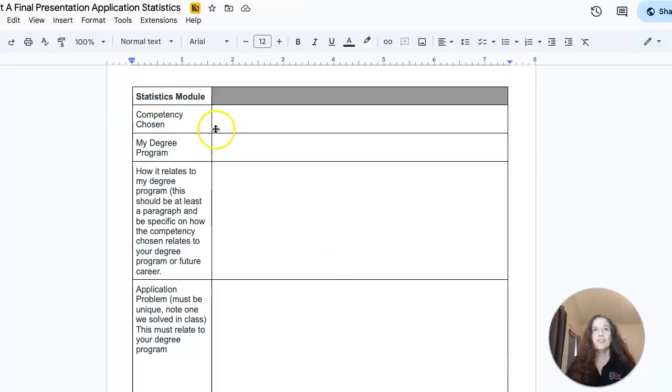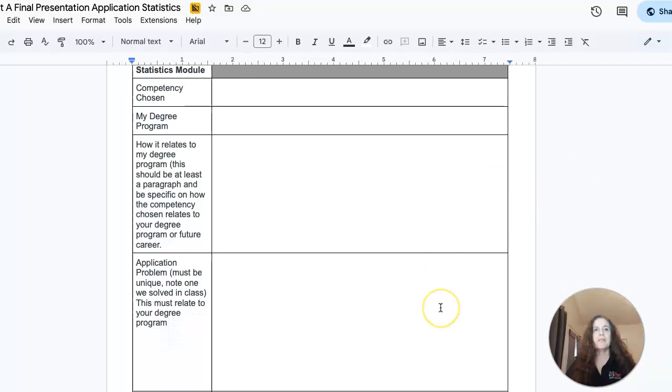So you have to choose the competency, that's from the table above. You're going to write in your degree program, being very specific. And then you're going to write at least a paragraph here on how the competency relates to your degree program or your future career. If you're undecided, that's okay. Pick something you're interested in or a degree you're considering and write your application from that.